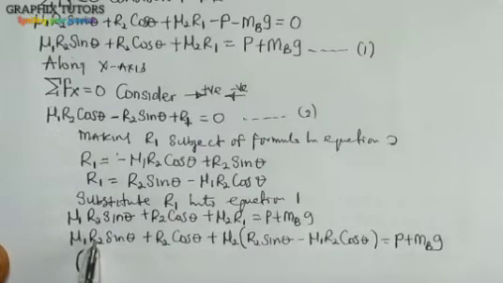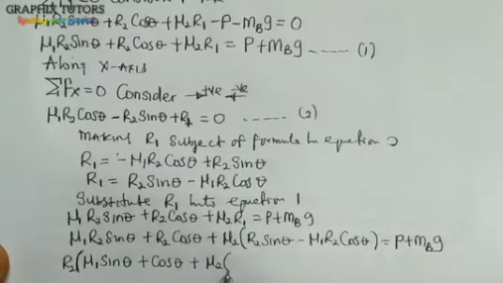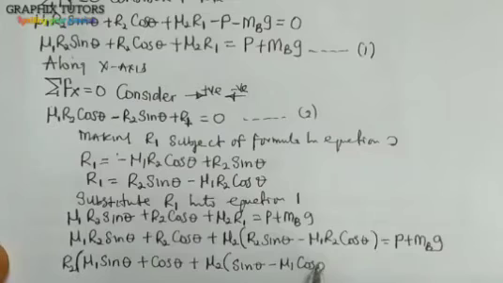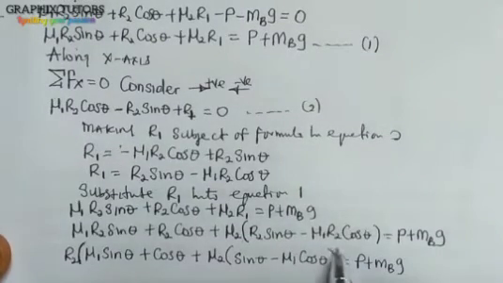I'll write everything there aside from R2. So this will be mu1 sin theta plus cos theta plus mu2 into bracket sin theta minus mu1 cos theta, equals to P plus mBg. Since I brought R2 out, this will be in a bigger bracket.